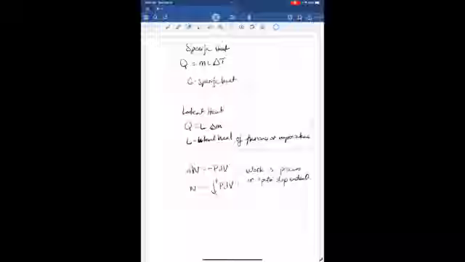So the work depends on the path, and that's true in thermodynamics too. If the pressure is constant, then you can pull the pressure out of the integral and do the integral. But if the pressure is not constant, then you can't, and you need to know something about the pressure before you calculate the work.